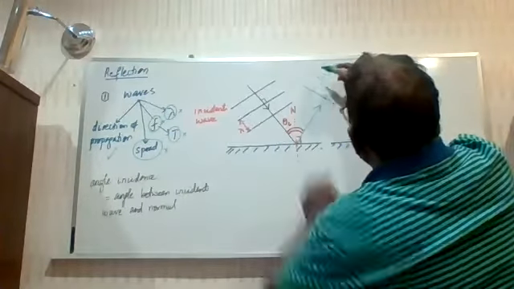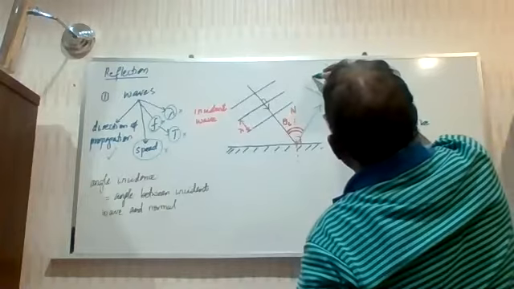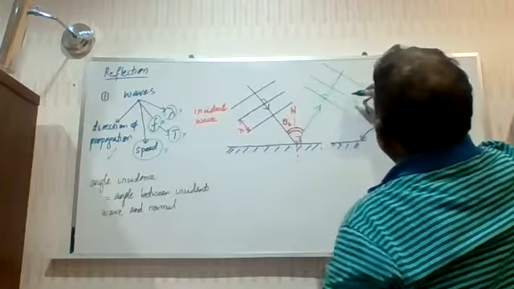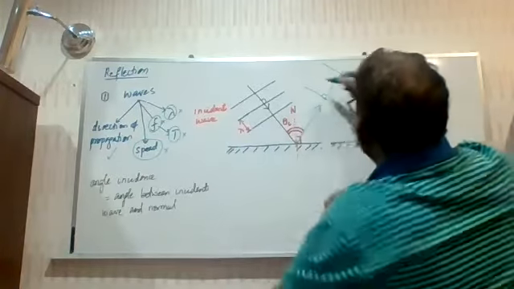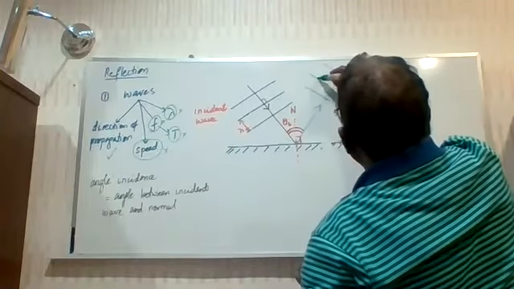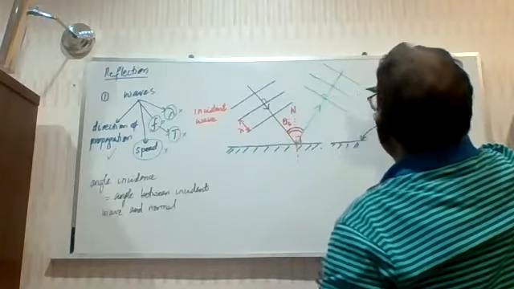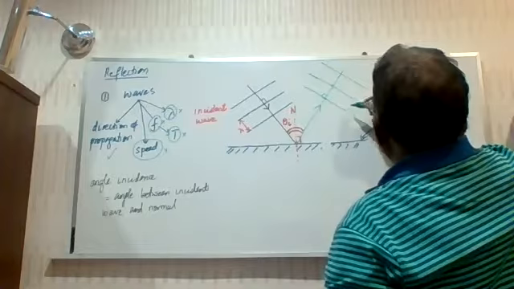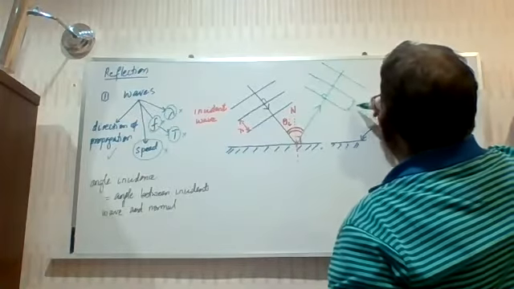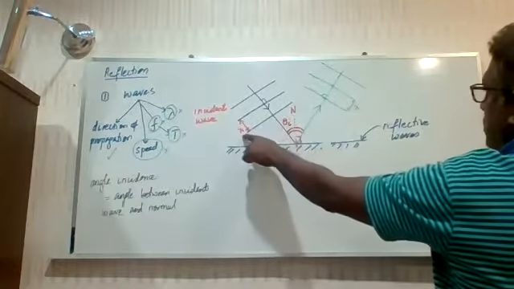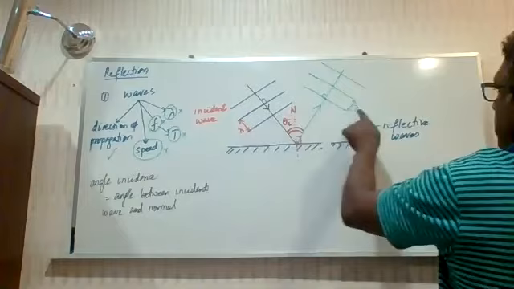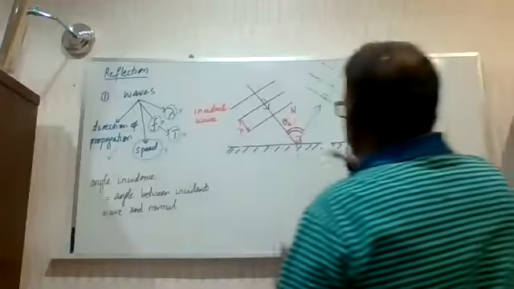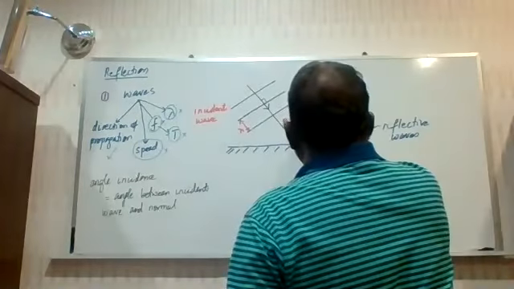So from here to here, it's lambda. So lambda incident and lambda refracted are the same, and this one will be theta. This is how you draw the diagram of refraction of a plane water wave.